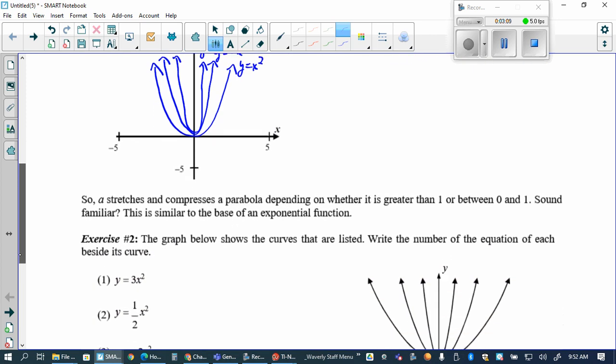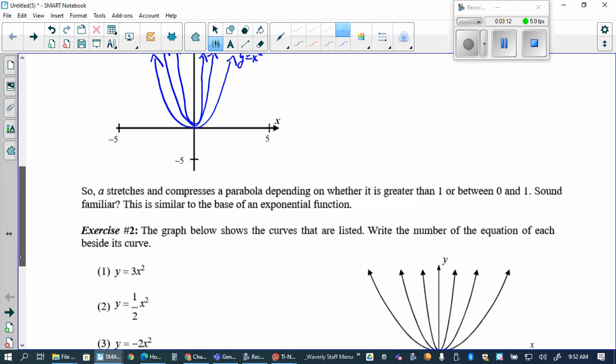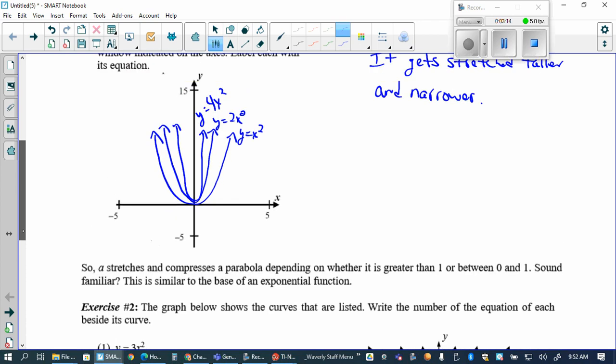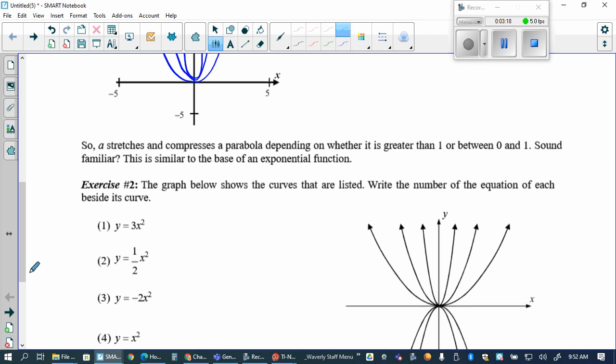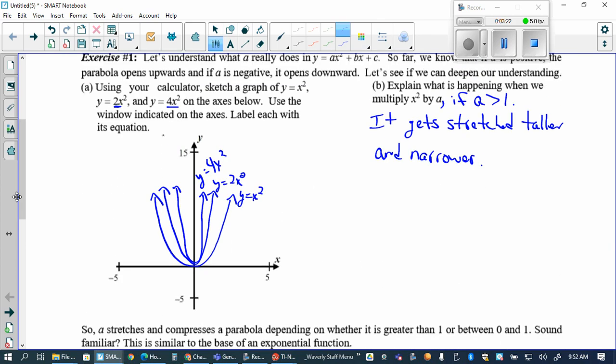Could it get compressed or made fatter? Yeah. By doing what? You remember the caveat I just put up here? a is smaller. Okay, you're close. It's a negative. Let's not get to negatives because we know what the negatives will do. It's a fraction.